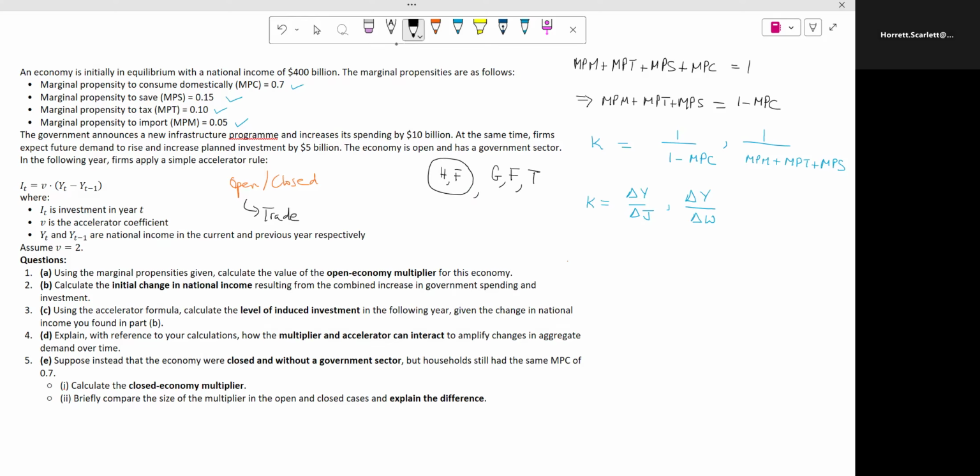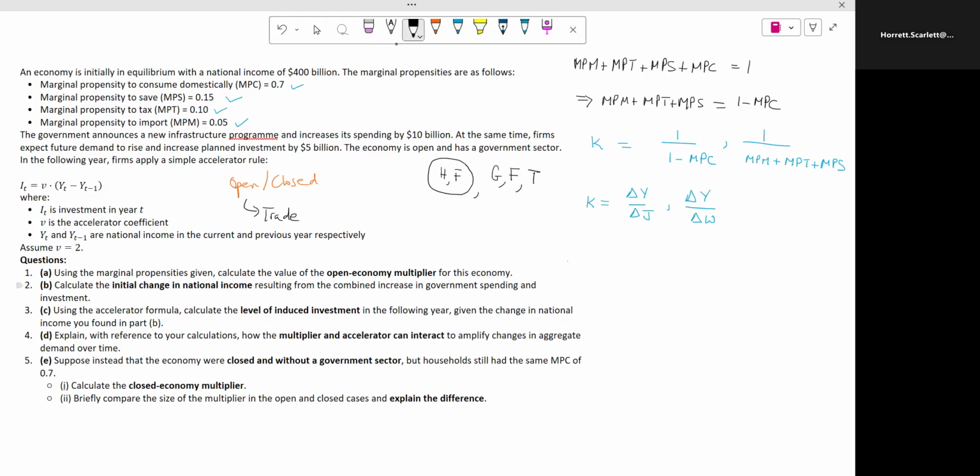So we could look at a closed system where we just look at households and firms without government intervention. Or we can look at a closed system where we look at households and firms with government intervention. So just to keep those in our minds as we go through the example.